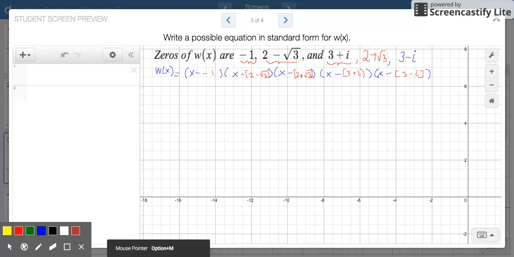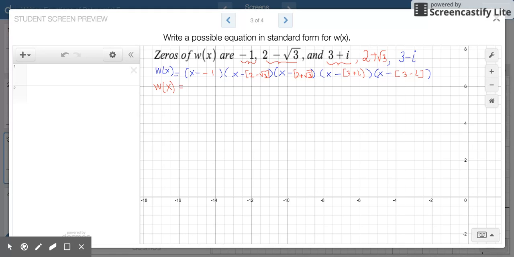All right, so we can write this as w of x is equal to x plus 1 times x minus 2 plus square root of 3 times x minus 2 minus square root of 3 times x minus 3 minus i times x minus 3 plus i.